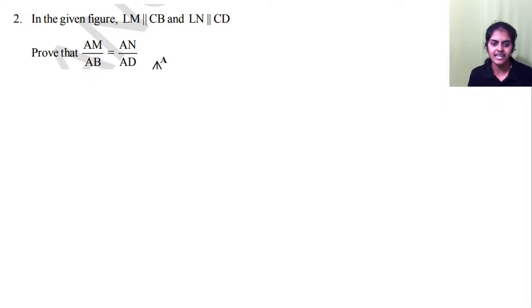In the given figure, LM is parallel to CB and LN is parallel to CD.